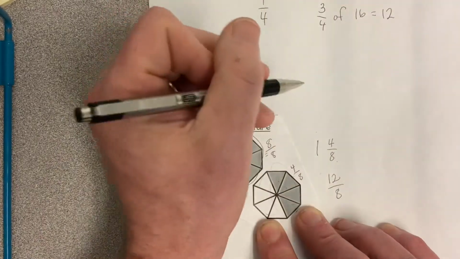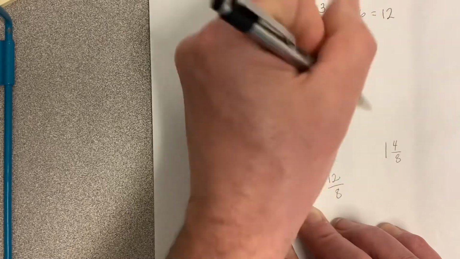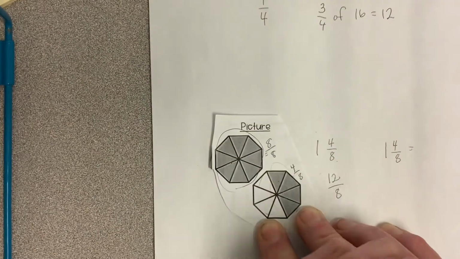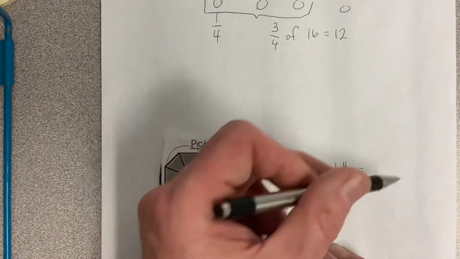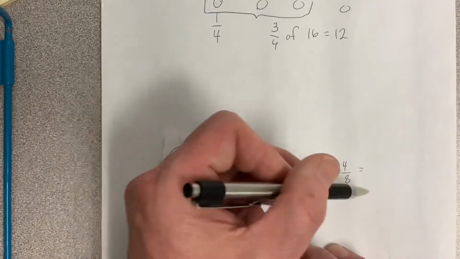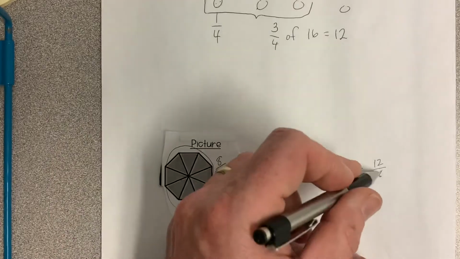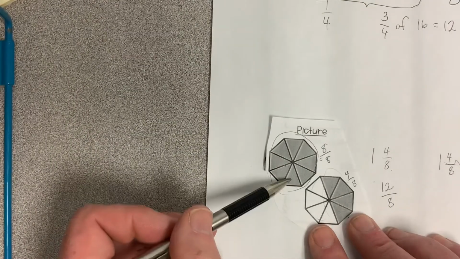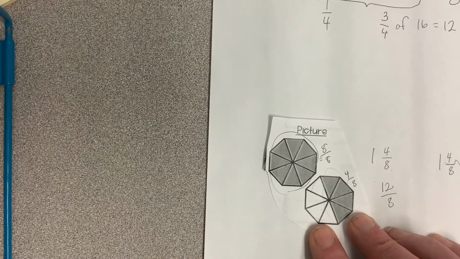And again, in grade 4, we're not asking them to convert a mixed number to an improper fraction without looking at a picture. So they're not going to be asked, oh, how do I turn that into a mixed number or an improper fraction? 8 times 1 is 8, plus 4 is 12, becomes 12/8. They're not asked to do that. They're only going to be asked to recognize an improper fraction or a mixed number by looking at a picture that looks like this, okay?